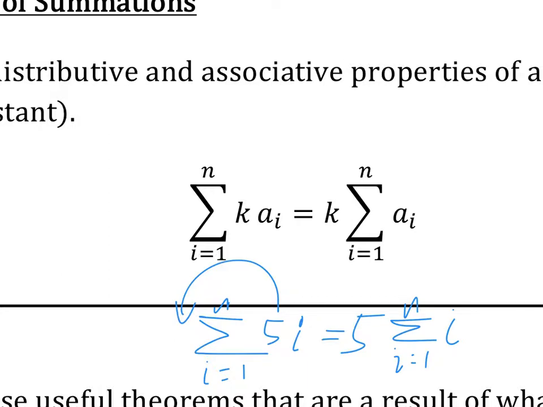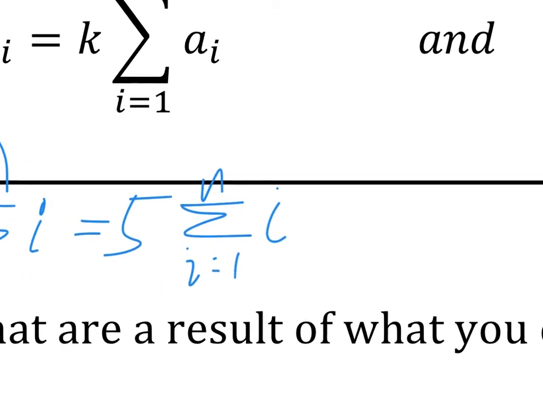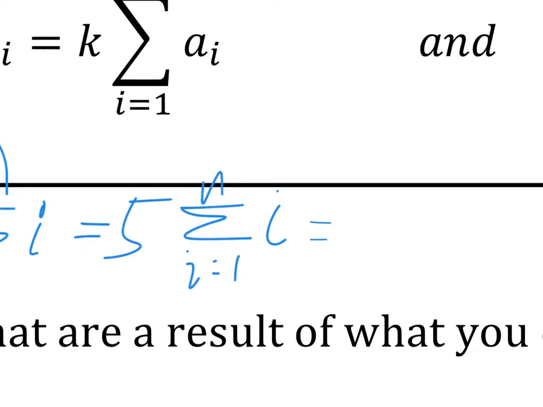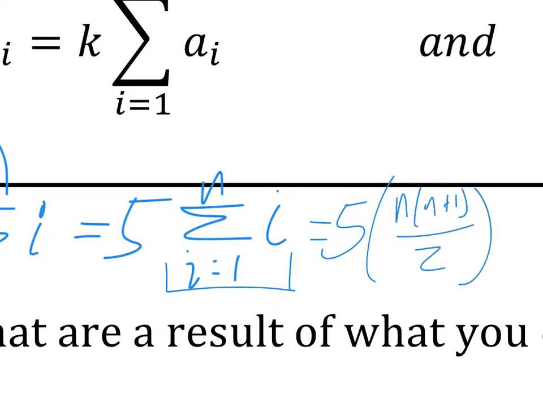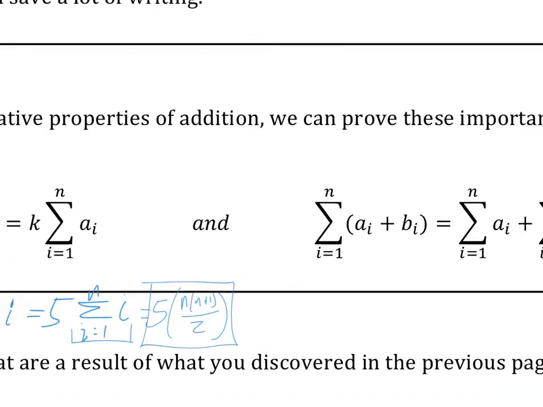Which, by the way, we could go ahead and figure this out. We have a way to write this, don't we? Wasn't that n times n plus 1 over 2? That's what we did on the previous page. So this is just 5 times n plus 1 all over 2. But the key is that 5 gets pulled out.